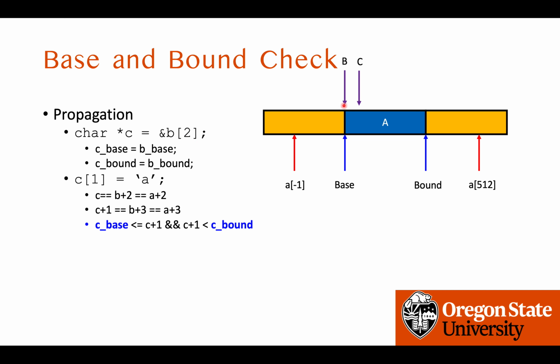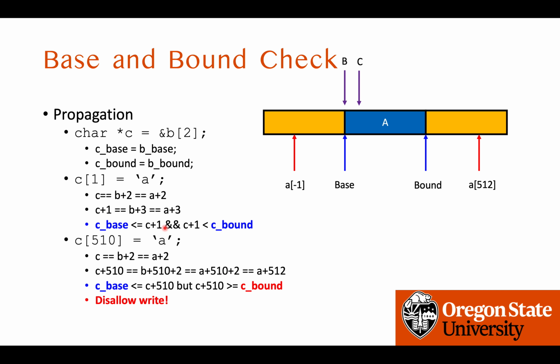B starts at the start of A, B plus 2 could be here. And then if we access C1 like this, C is B plus 2, which is A plus 2, and C plus 1 will be A plus 3, and that is definitely within the base and bound. So we can allow access to it.